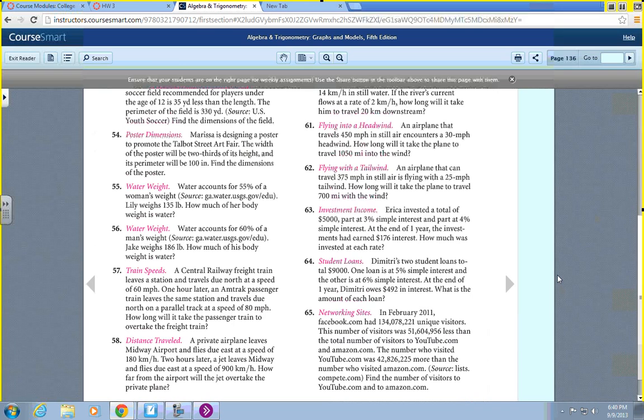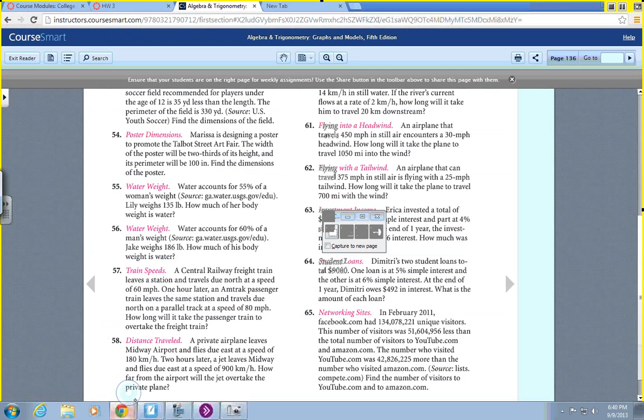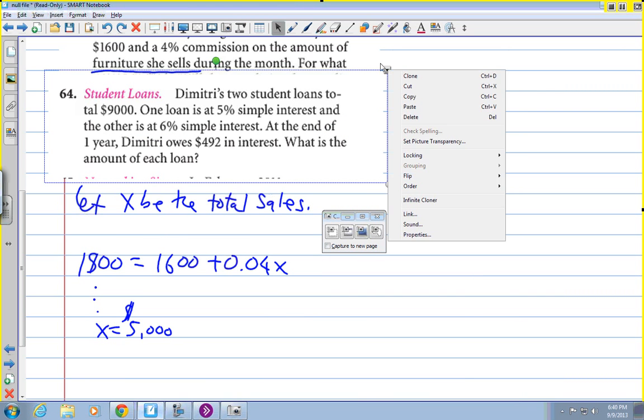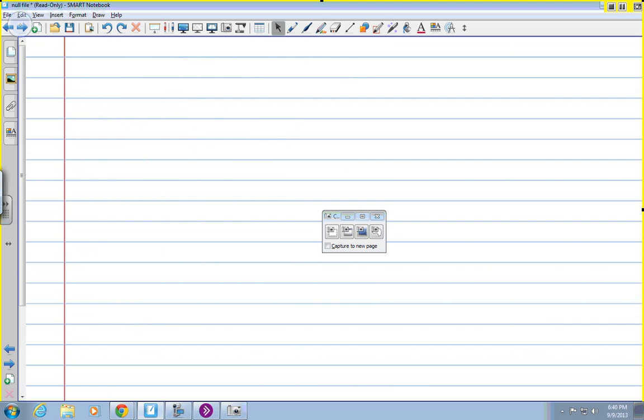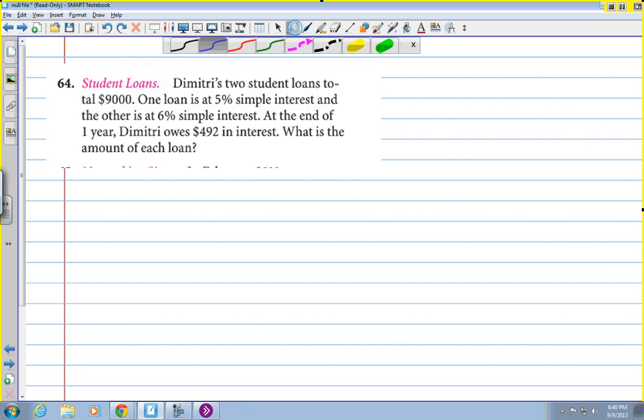Student loans. All right, start reading.